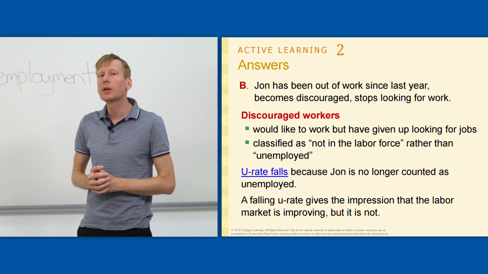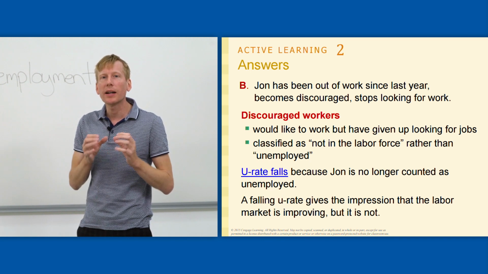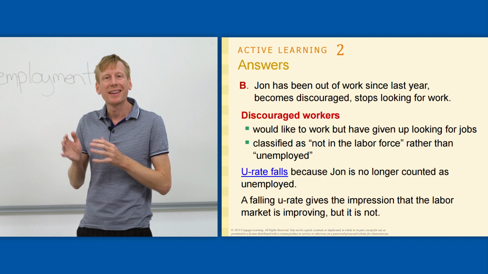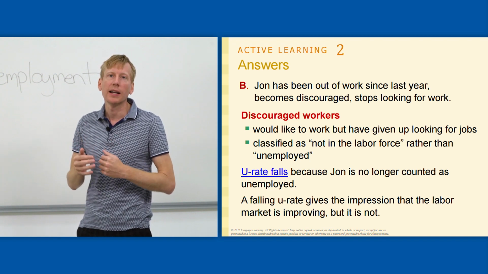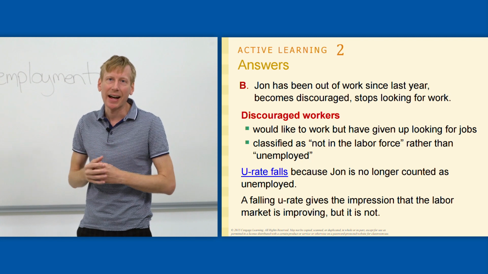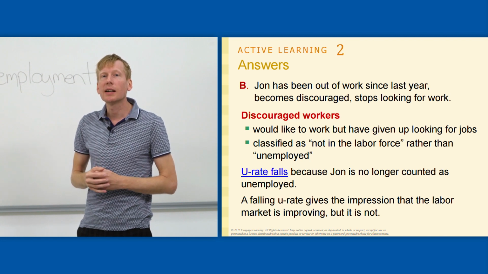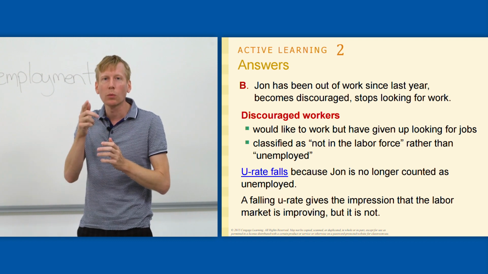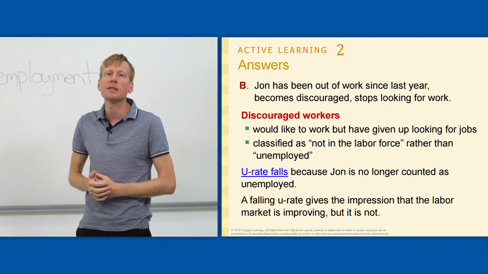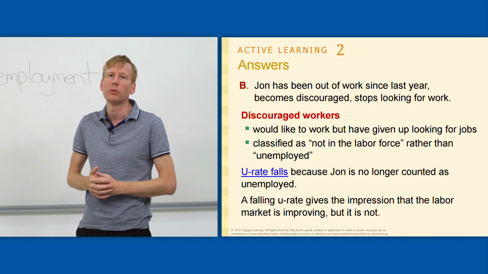Also, because previously John was part of that unemployed population, now he's not. He was also part of that labor force, now he's not. But dividing a smaller unemployed by a smaller labor force, subtract one from each, will still give us a smaller unemployment rate.